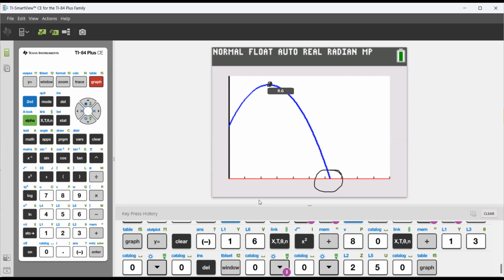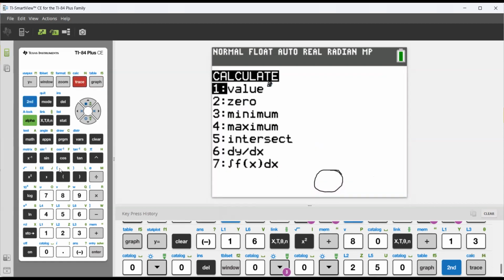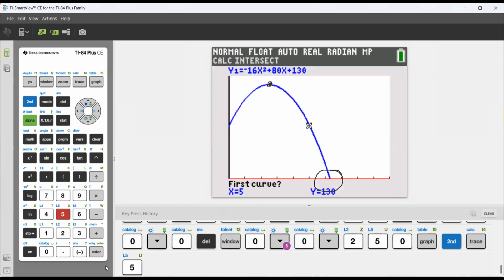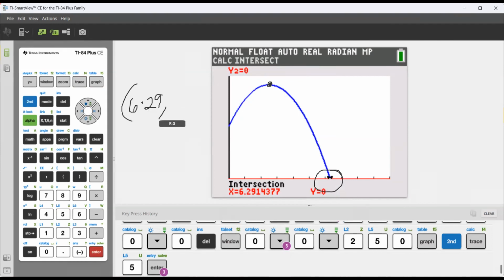So let's see if we can calculate for the horizontal intercept. Second, trace, 5, enter, enter, enter. Yes, so it gives us that when y is 0, x is 6.29.